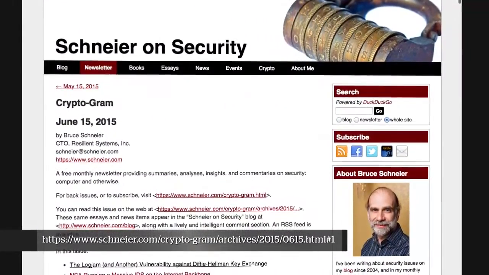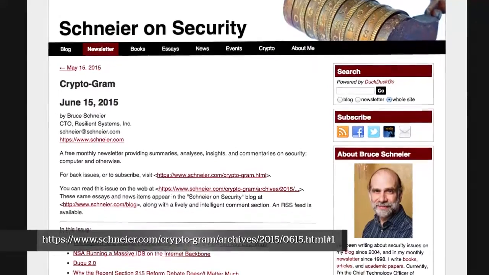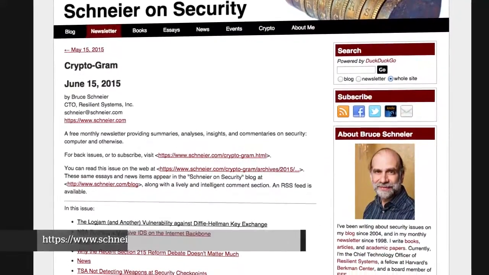It gives some statistics about how much it affected the server side versus the client side, and it's a significant amount. It's something like 84,000 websites out of the top 1 million were actually affected. So it's not an insignificant number.